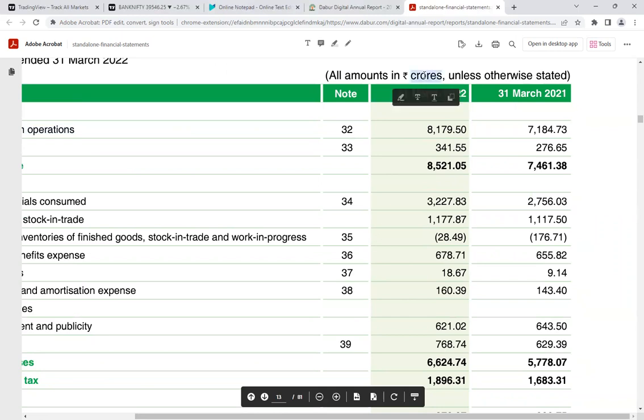It is in crores, all the amounts are in crores, to simplify the values. So here the value is 8,179 crores for the year 2022, and if you see the 2021 value, it is 7,184. So at a higher level, you can say that the revenue from operations, or revenue from sales of Dabur products, has increased for the year 2022.